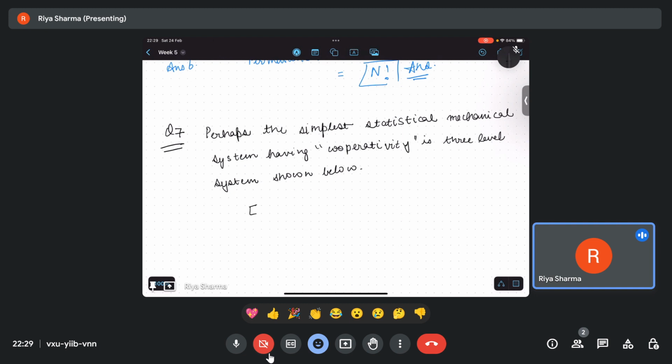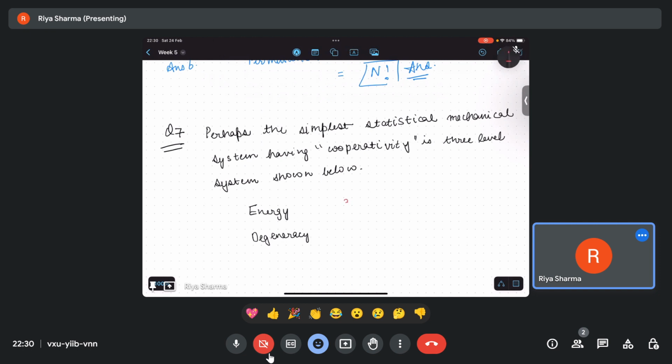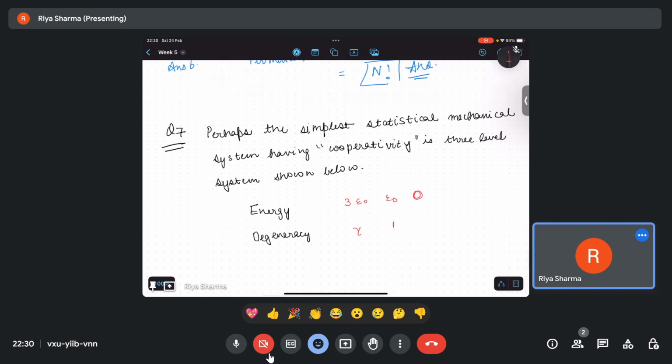So this is energy and this is degeneracy. So degeneracies and energies. Energies have been given to us as 3 epsilon naught and 0, and degeneracy has been given as gamma, 1 and 1.